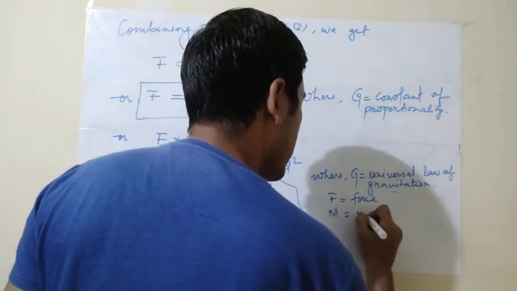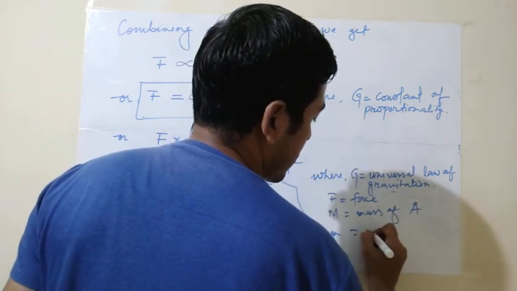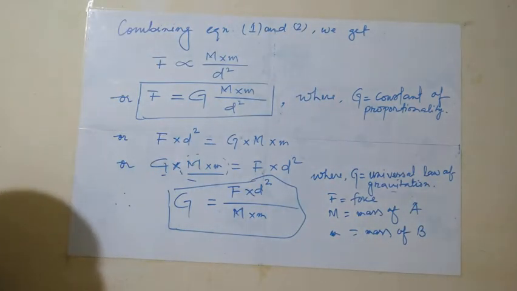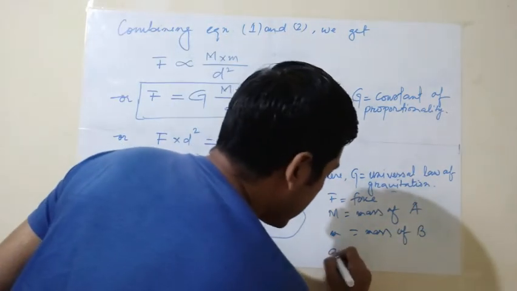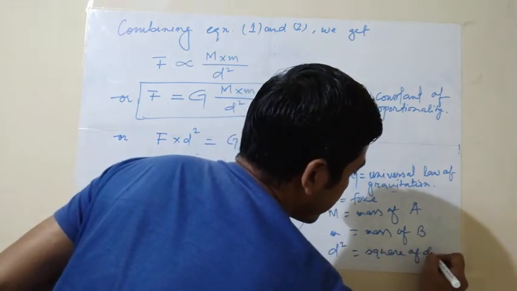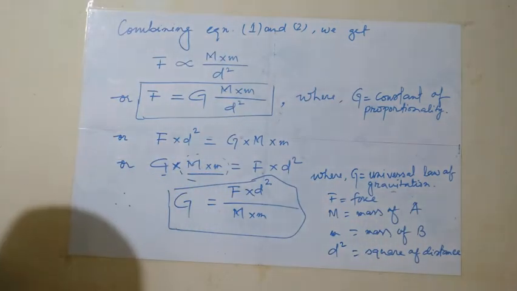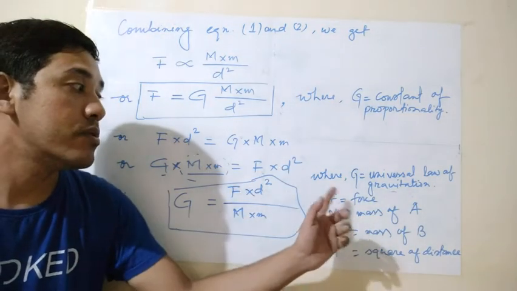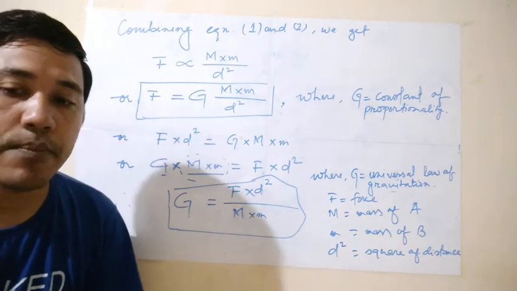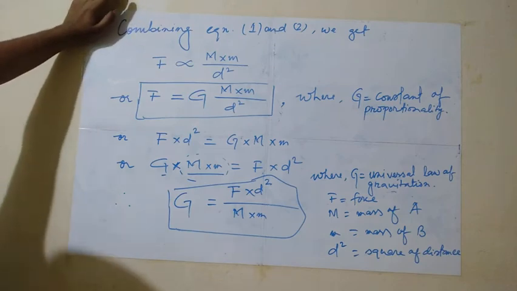M is equal to mass of A, small m is equal to mass of B, right? And next, d square is equal to square of distance. Now these are the quantities you need to mention after this equation. Okay, please copy down this one. This is one of the most important. Please copy down.